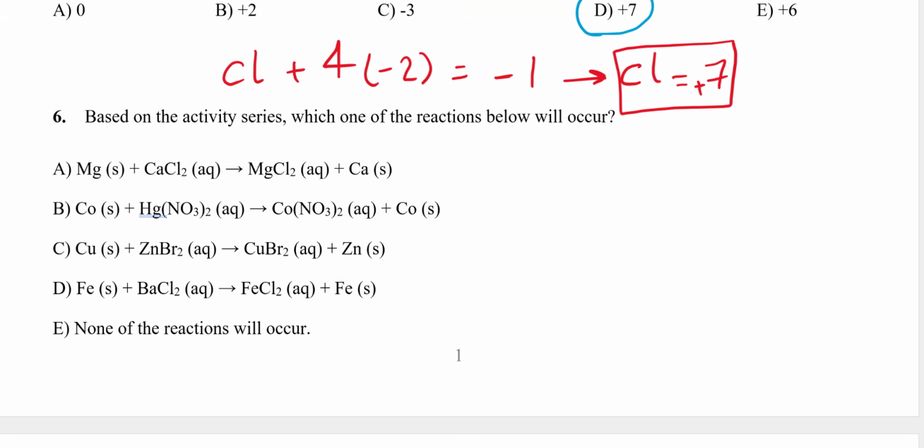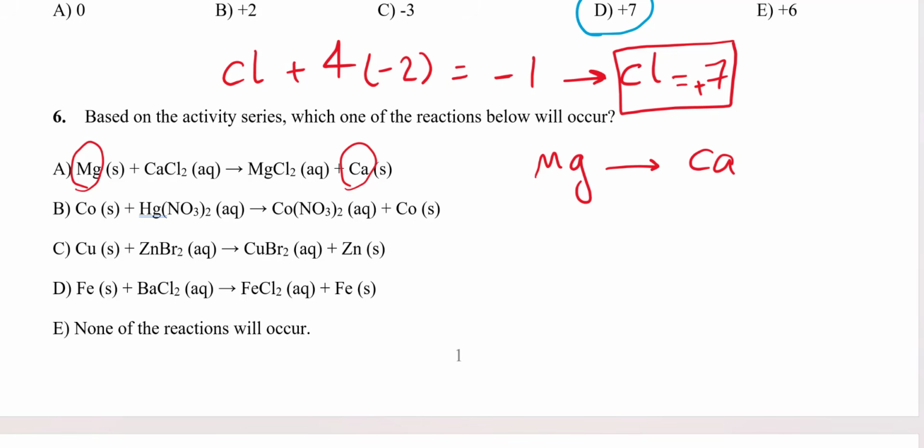For question 6, we would like to know which of these reactions actually occurs. It is a single displacement reaction and we need to check the activity series. In the first reaction, magnesium is used to form calcium. We know the elements on top of the activity series can displace the elements lower than them, but the opposite won't happen.